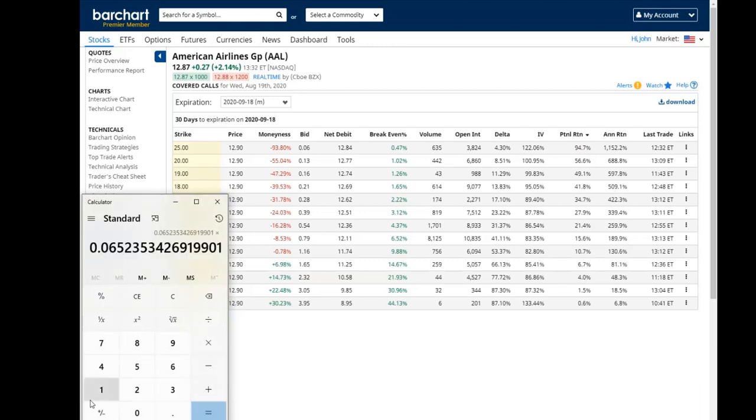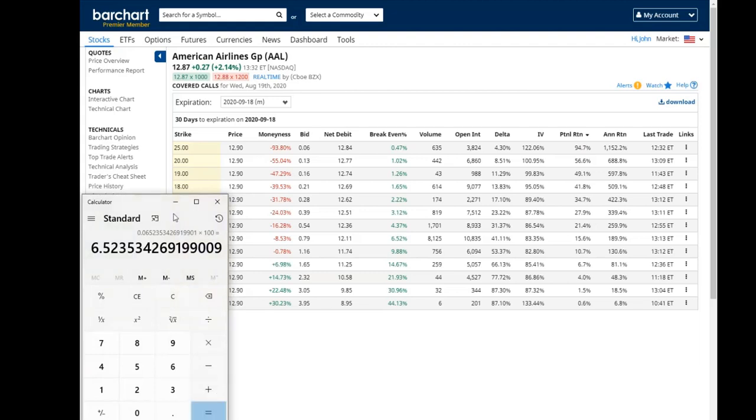And times that by 100. And you can see that as long as American Airlines stays above $12.11 between now and September 18th, I'm going to get a return of about 6.5%. And that's a good thing. That's what we want. We want to make sure we get at least greater than 1 to 2% on a 30-day basis. So that would be a better strike for me.